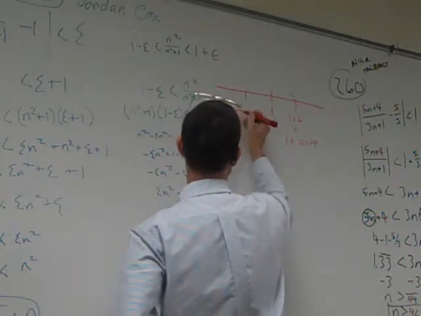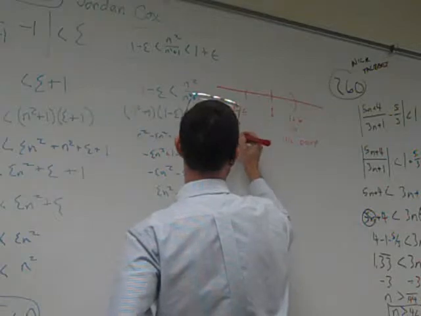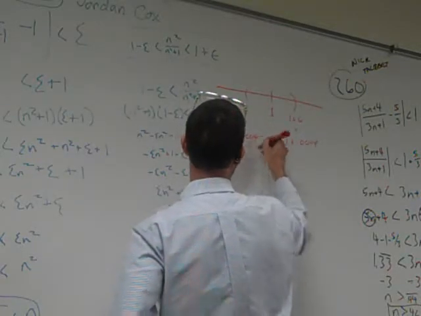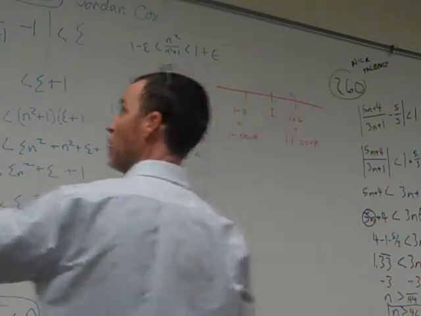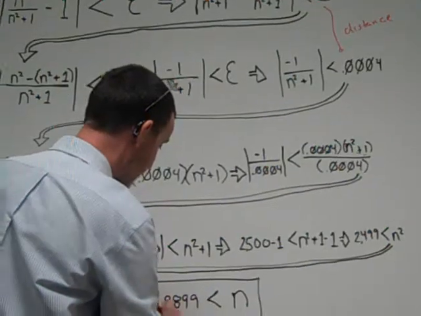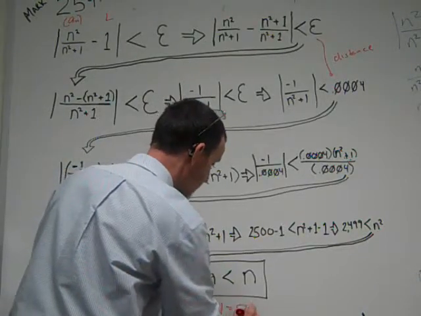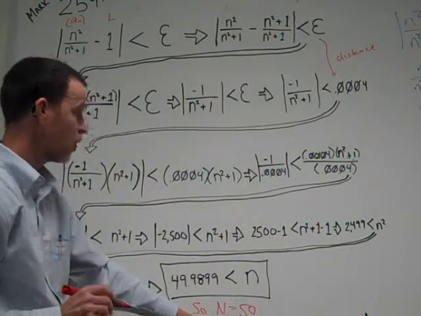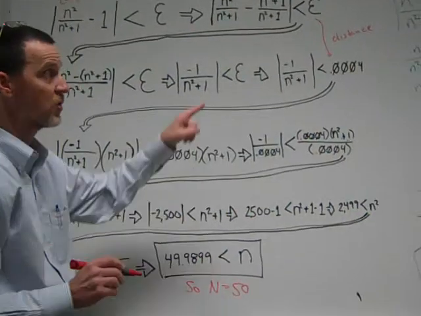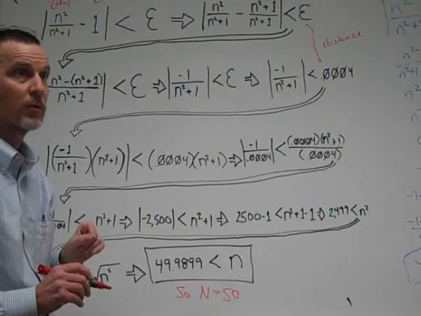And over here, 1 minus epsilon, which is 1 minus 0.0004. What he showed was that if n is bigger than this, so I would say my capital N is 50, that's the first term of this sequence that's inside that interval.